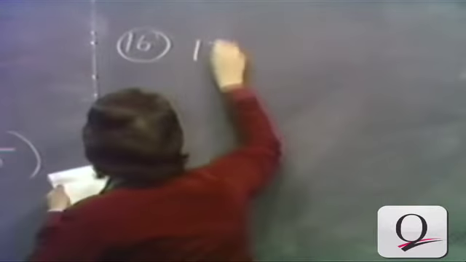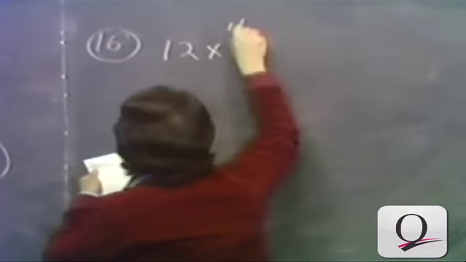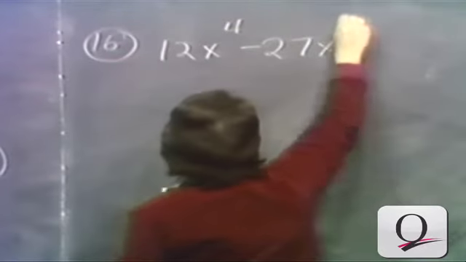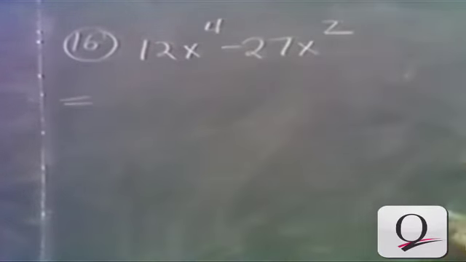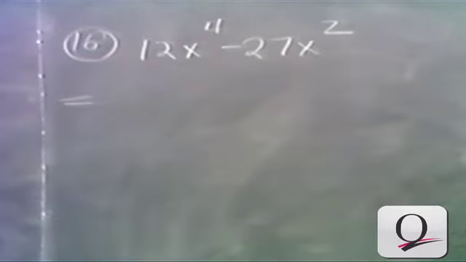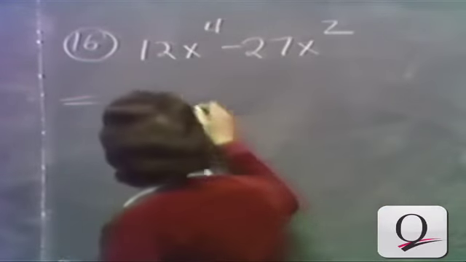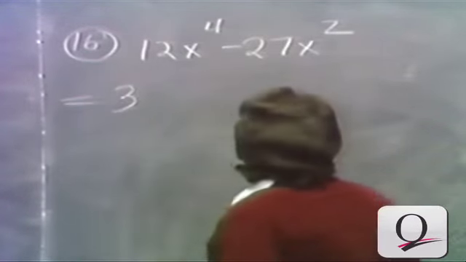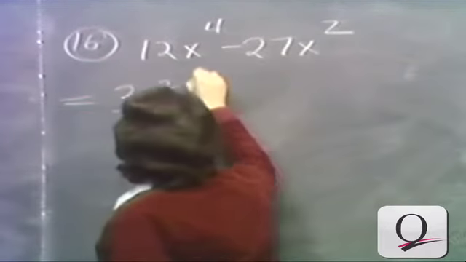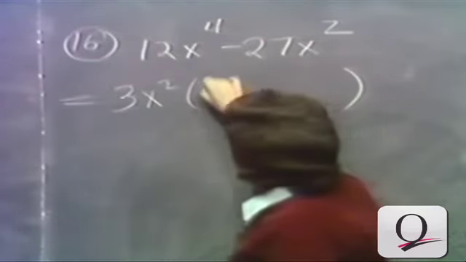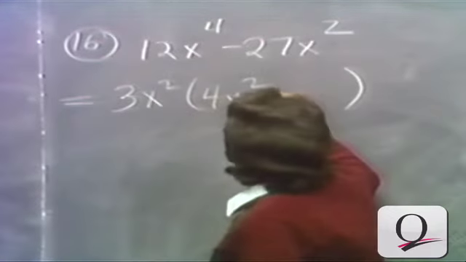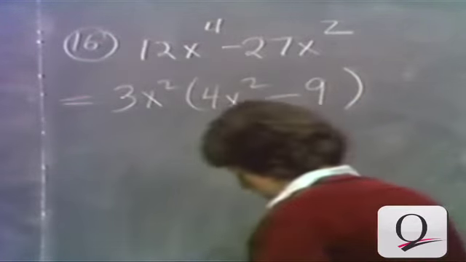Okay, problem number 16. 12x to the fourth minus 27x squared. First thing to do is to look for any common factors. From the 12 and the 27, we can pull out a 3. From the x to the fourth and the x squared, we can pull out an x squared, leaving us with, in the first term, 4x squared, and then minus 9.